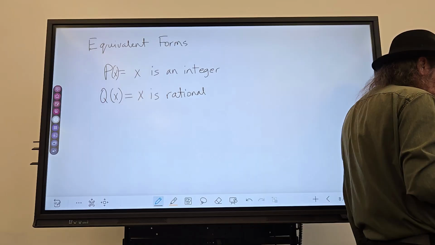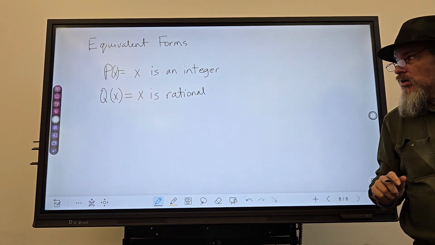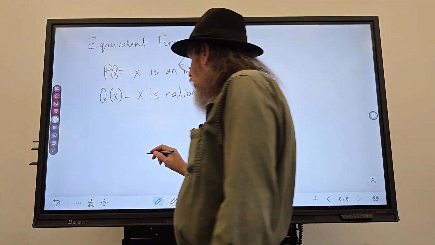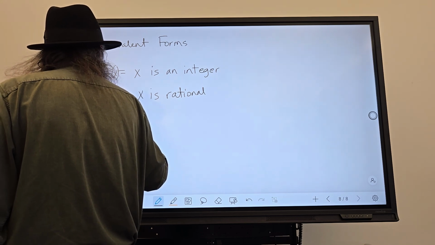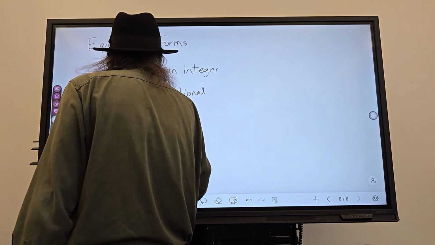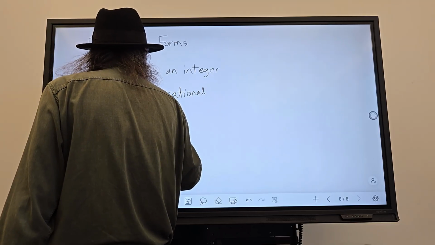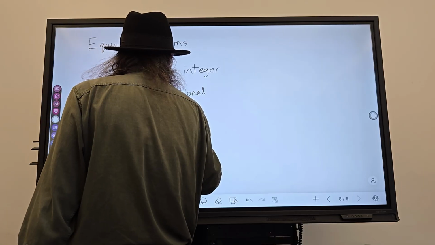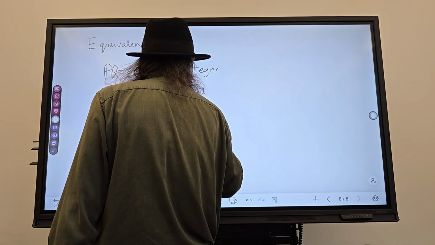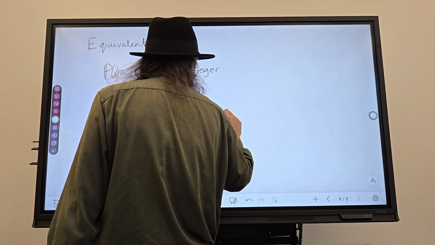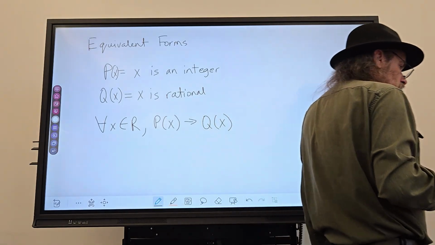So you can say: for all x elements of real numbers, if P of x then Q of x. Right?